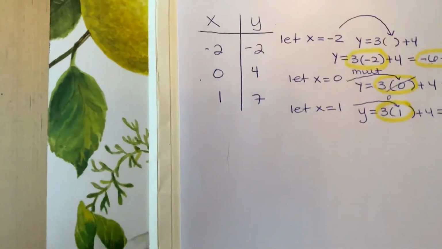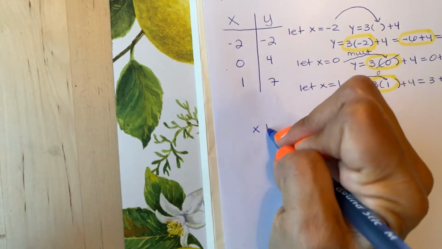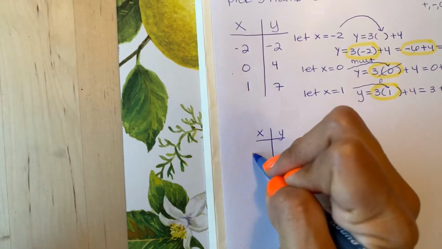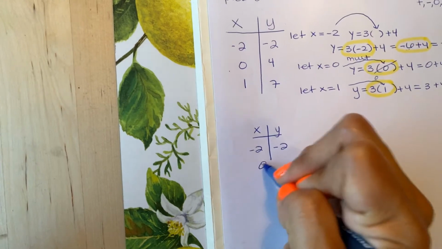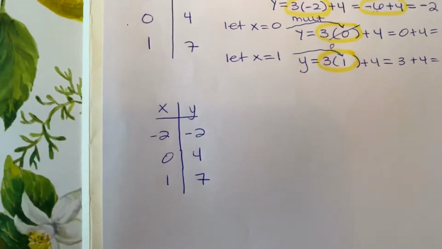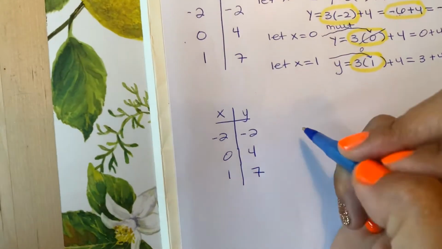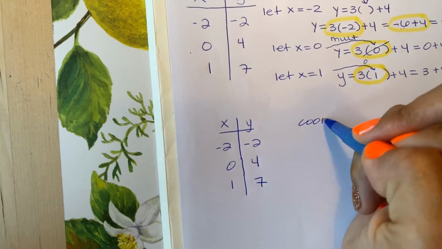Okay, now what you have to understand is on an XY table, I'm going to rewrite it just because I have so much writing here, that this XY table is actually showing you your coordinate points.